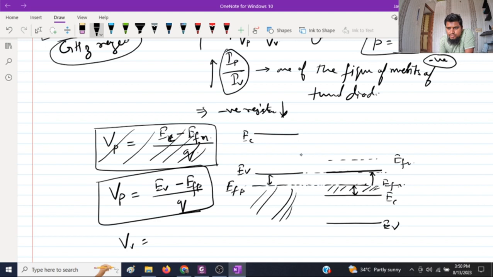So this is going how much? This distance it has covered, and plus this distance also, right? So it will be, ideally speaking, magnitude of EV minus EFP plus magnitude of EFN minus EC on the N side.